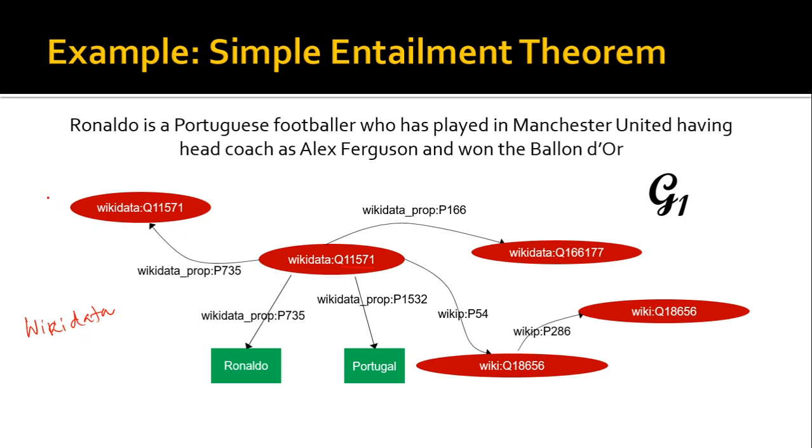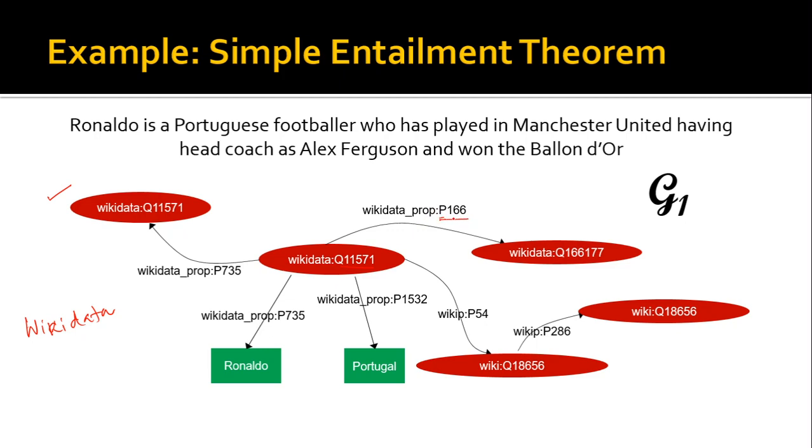So I'm projecting this graph to show you how Wikidata stores this information. Though it is not human processable, it's good to know how they keep data and how they maintain the structure of the data in their database, right? So you see that this P stands for properties.